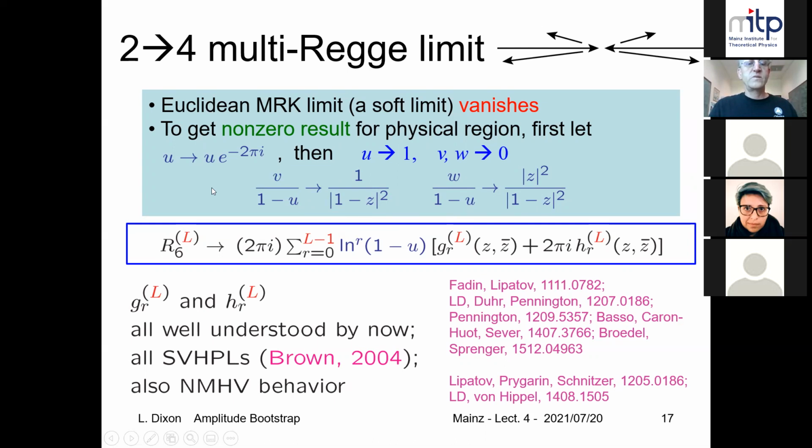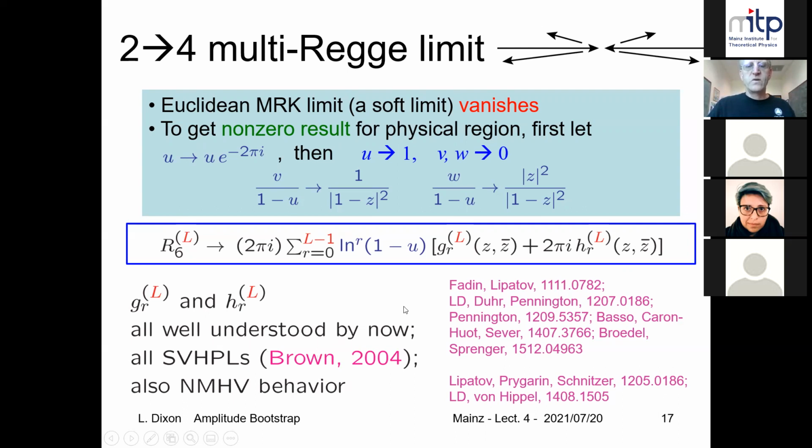So that space of functions, apart from the divergent parameter 1 minus U, is called single valued multiple polylogs or single valued harmonic polylogs, and was first described by Francis Brown.